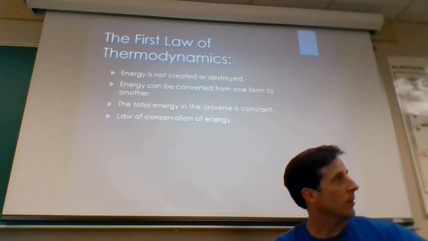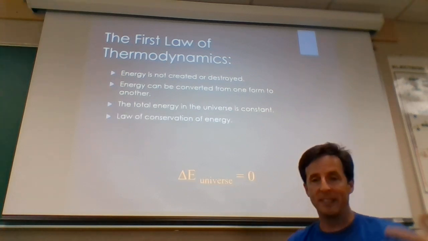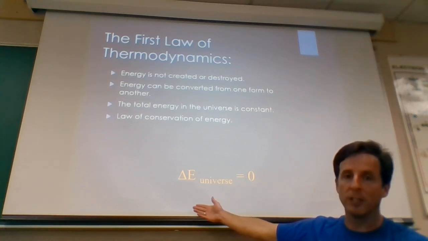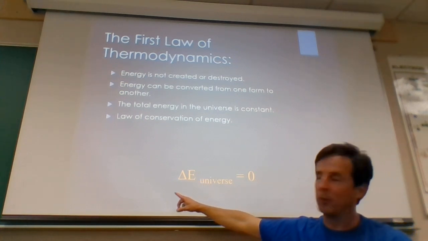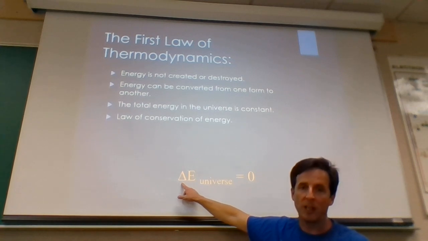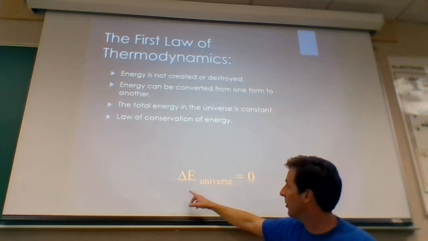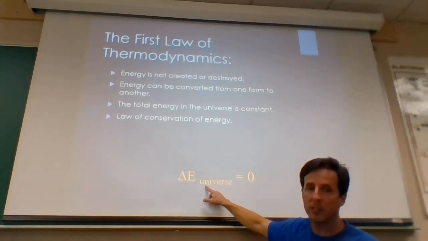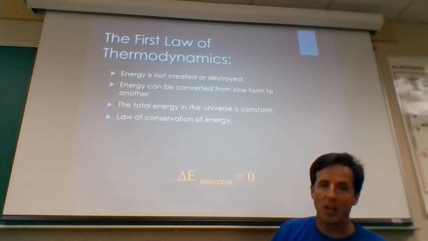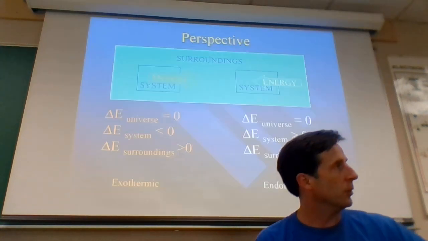That is called the law of conservation of energy, and it can be stated by this simple little equation. The symbol delta in chemistry and physics always represents change. So the change in energy of the universe is 0. There's a constant amount of energy present in the universe.